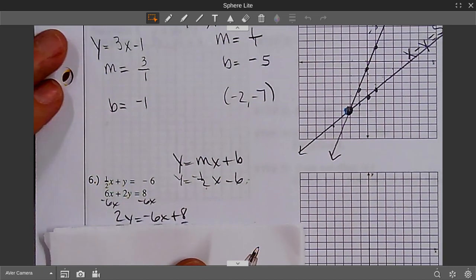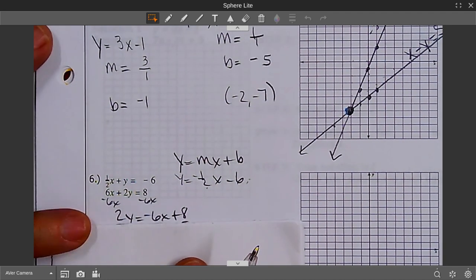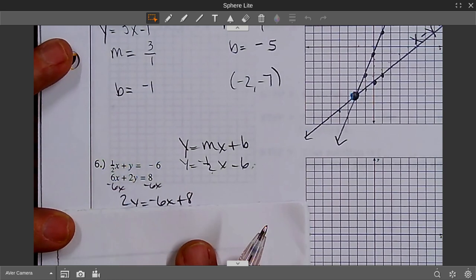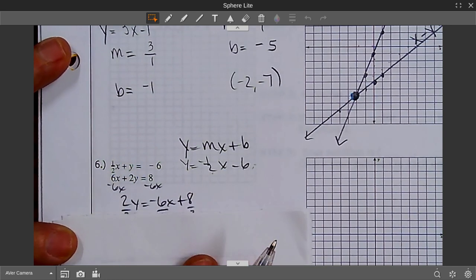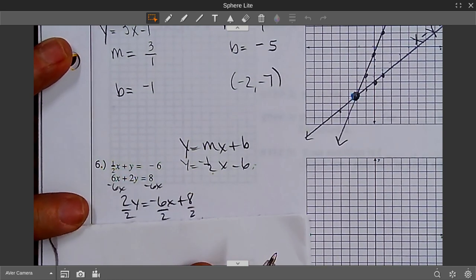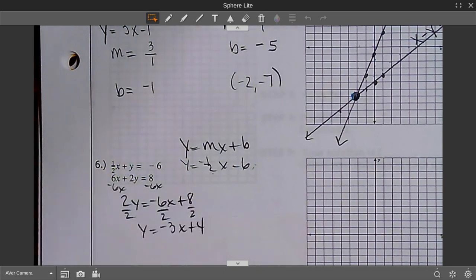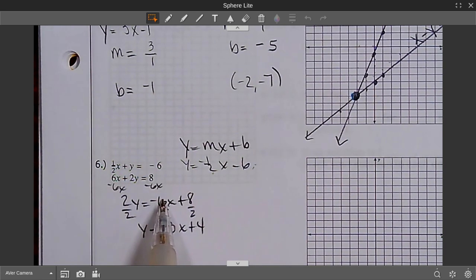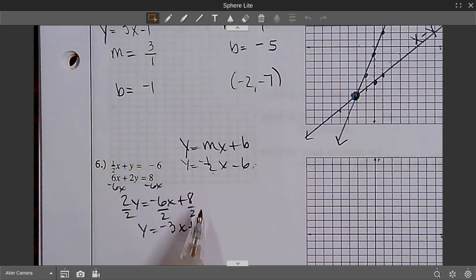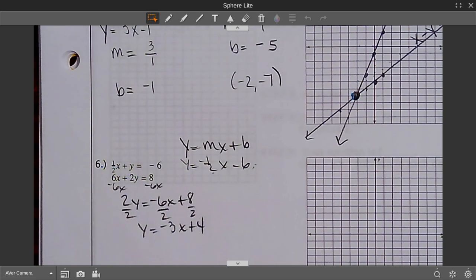Yay, Dewan woke up. Thank you, Dewan. What do I have to do now? Divide everything by 2. What do you get? -6 divided by 2 is -3, and it has an x. 8 divided by 2 is 4, doesn't have an x.